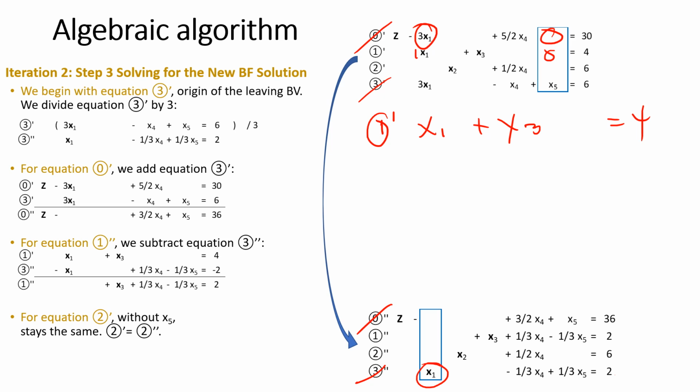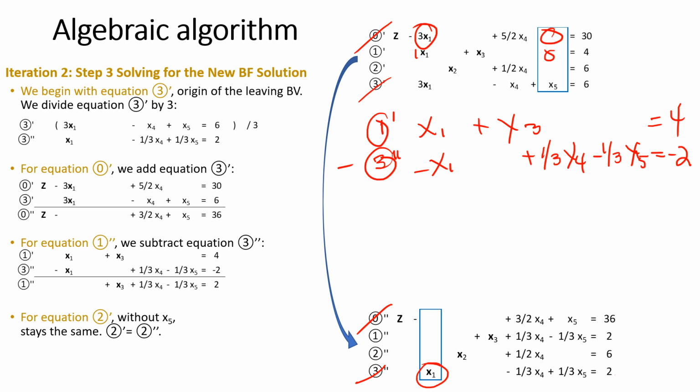So we got here 3 apostrophe, double apostrophe, minus, so I'm going to have minus x1 plus 1/3 of x4 minus 1/3 of x5. This is equal to minus 2. So we add, and these two are eliminated.